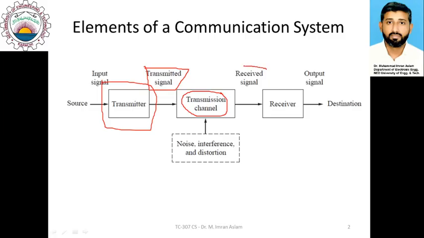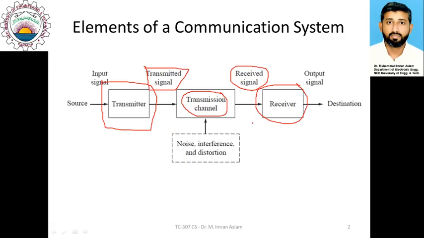So the signal would be received at the receiver side, and receiver actually undoes what was done at the transmitter side. So it reverses all the actions that were taken at the transmitter in order to recover the original form of information.